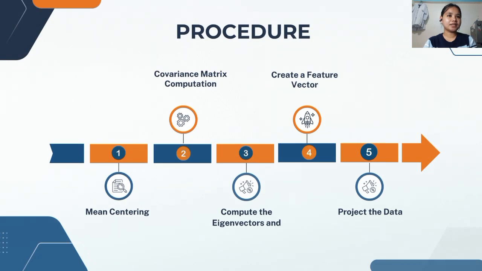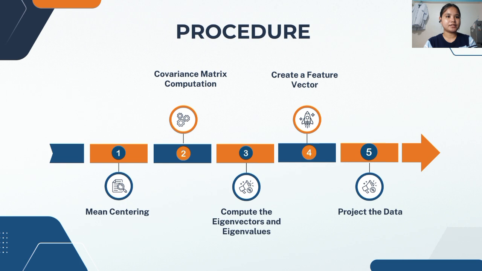Now, let's quickly go through the steps in principal component analysis. The first one is mean centering. In this procedure, we subtract the mean of each feature to center the data around 0. Later on, we will show an example following these processes.